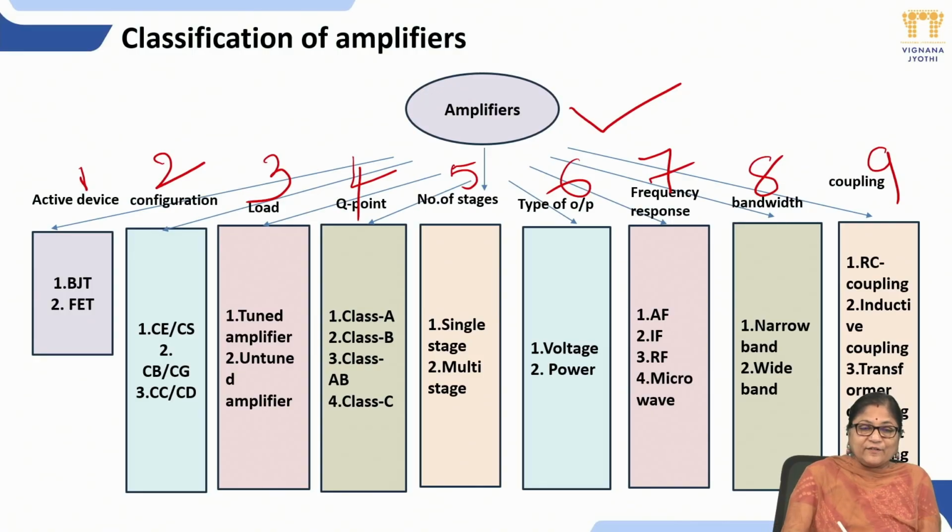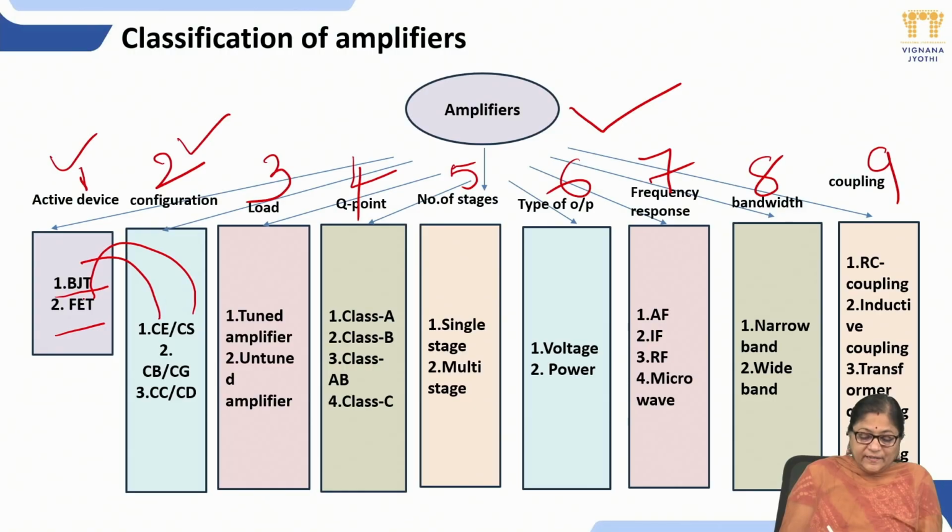So now let us take the first class, which is the classification based on active device. In electronics, basically there are 2 devices, known as the bipolar junction transistor and the field effect transistor. The amplifiers which are constructed using these 2 devices are BJT amplifiers and FET amplifiers. Number 2, based on the configuration, the amplifiers are divided into common emitter by using a BJT or common source by using a FET.